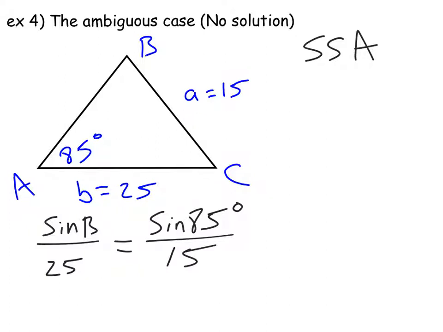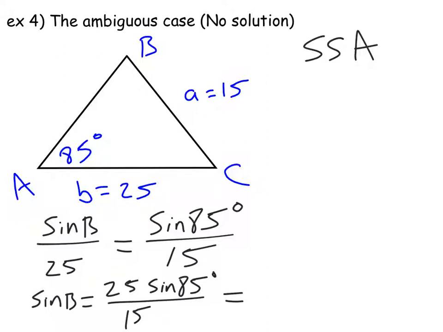We cross multiply and divide, and we get that the sine of b is 25 times the sine of 85 all over 15. You plug that into a calculator and we get 1.66. And then we're like, all right, life is good, we got our sine value. Go do the inverse, and your calculator gives you problems, saying something like error domain.